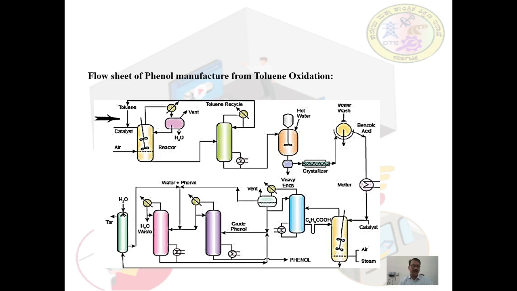The overall process yield for the steps is about 80%. The vapors enter a fractionating tower which separates the unreacted benzoic acid from other compounds.